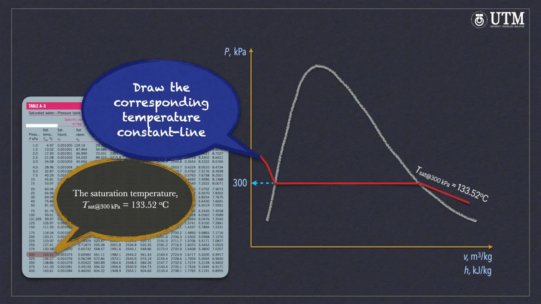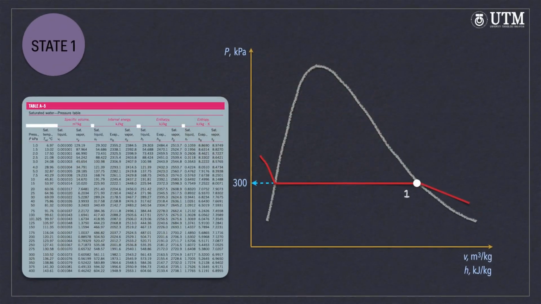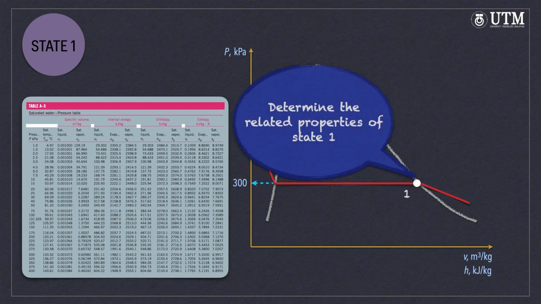The initial state, or state 1, exists in saturated vapor. Therefore, state 1 rests on the point as demonstrated here. Then, we determine the related state properties through the properties table as demonstrated.